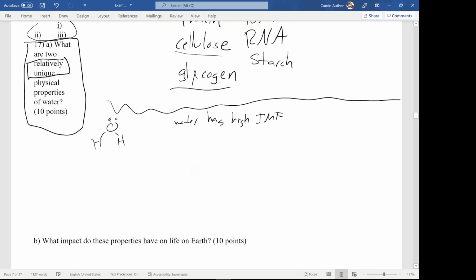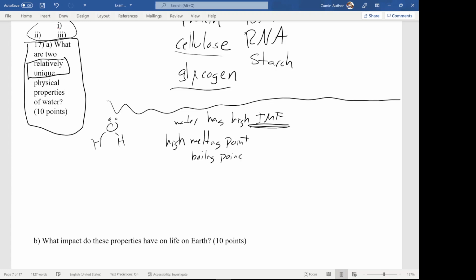But we want to make specific examples of things that are relatively unique about water. And so there's plenty of ones, with the guiding principle that we're thinking about how the high intermolecular forces of water are very useful. So it has a very high melting point, high boiling point.